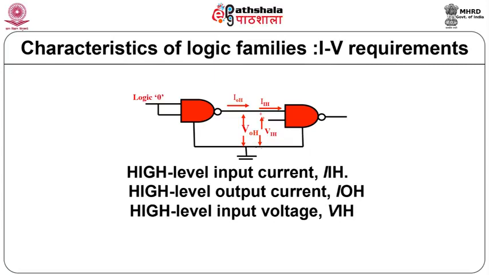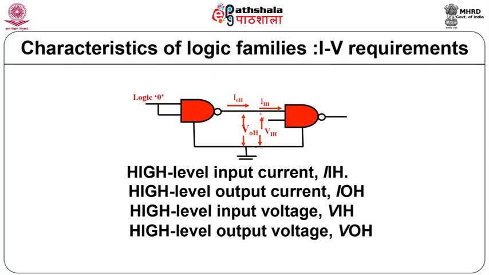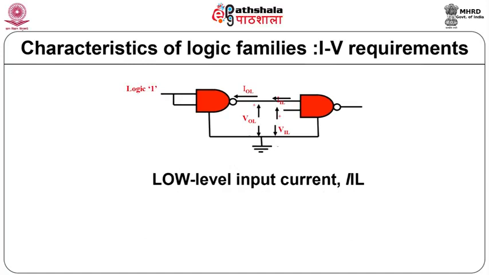High level input voltage VIH is the voltage when input is logic high or logic 1, and high level output voltage is VOH, that is when the output voltage is logic 1. Low level input current is referred to as IIL.